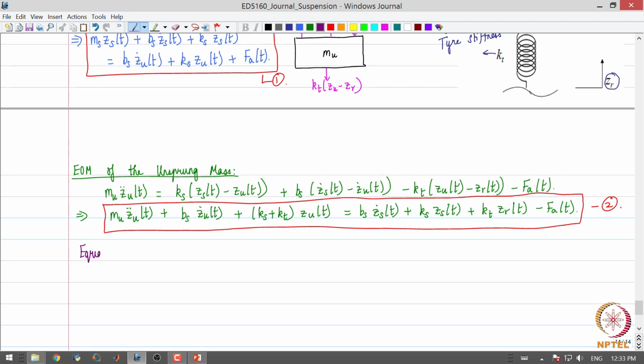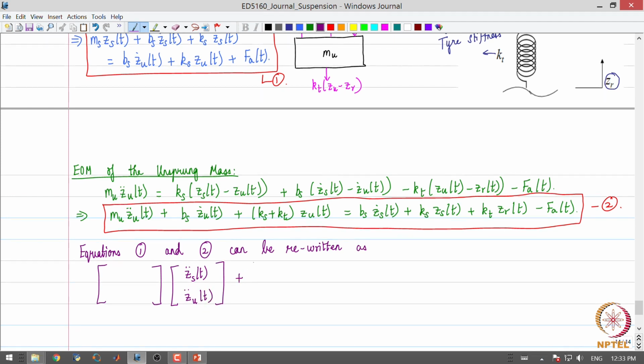Okay. So, now these two equations, equations 1 and 2, can be rewritten in this form. See, we are trying to analyze the vibrations to the road inputs, okay. So, in order to facilitate that, we are going to group these two equations and write them in a form which will enable us to do the corresponding analysis, right.